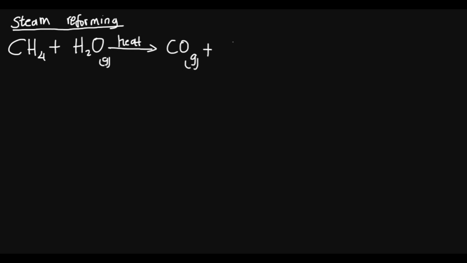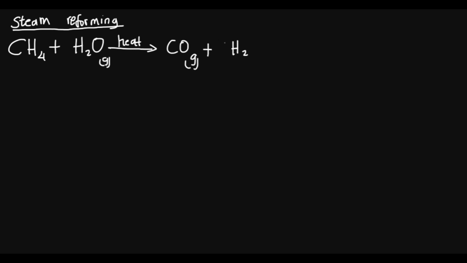Now we have an organic compound such as methane plus, this time, we react it with steam, which is water in gaseous state. Then we are heating this, so we supply heat. The products we need to have are carbon monoxide instead of carbon dioxide, plus hydrogen.